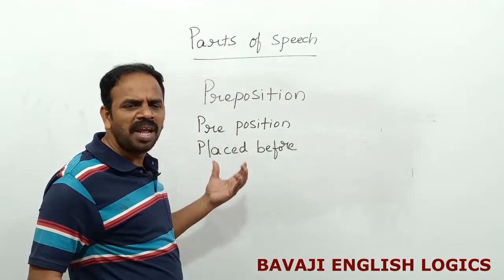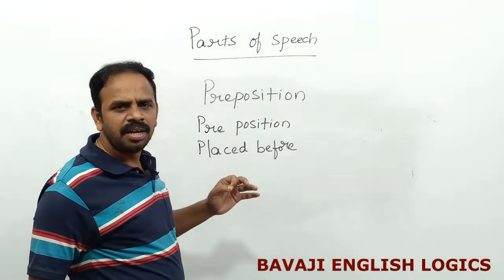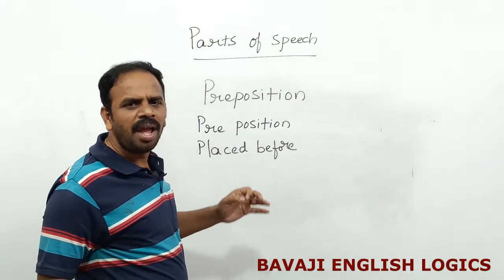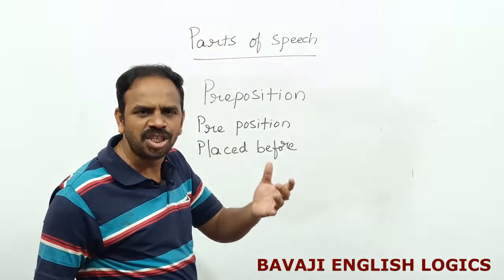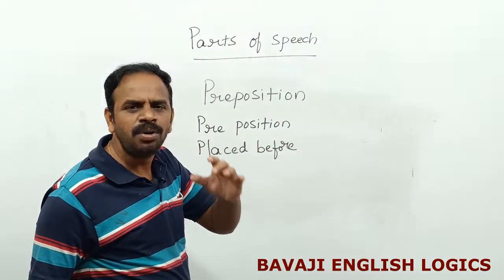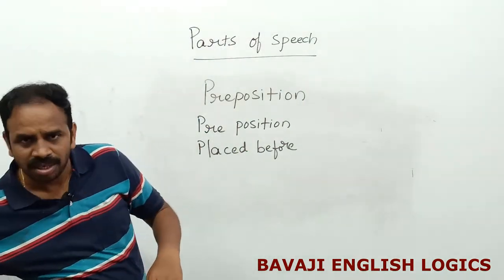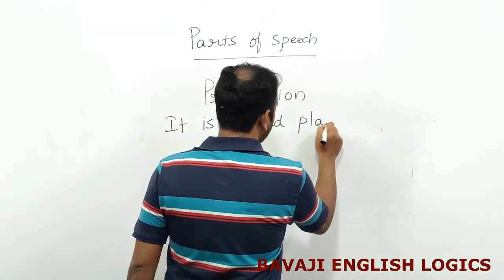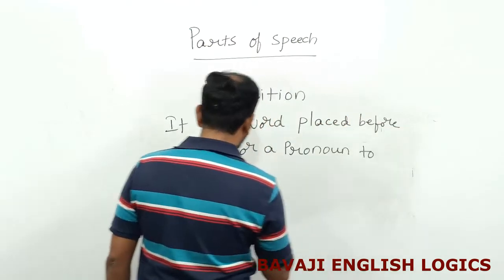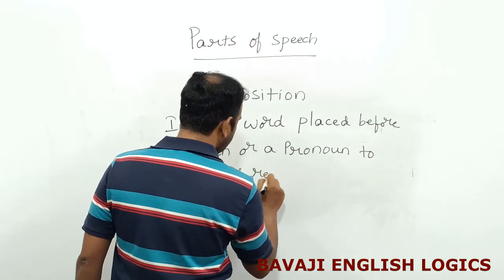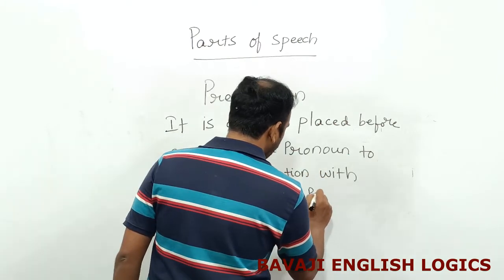Preposition is a word which is placed before a noun or a pronoun to show its relation with another noun or a pronoun. So let us see the definition. It is a word placed before a noun or a pronoun to show its relation with another noun or pronoun.